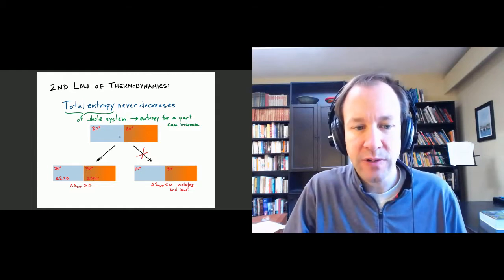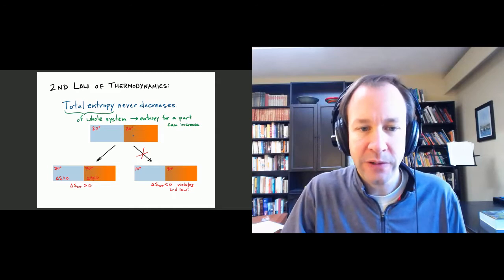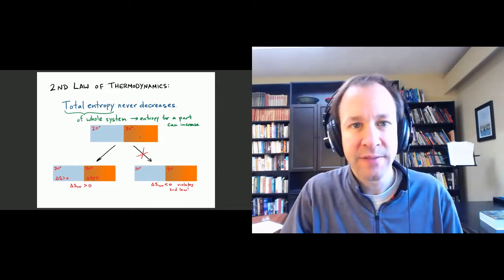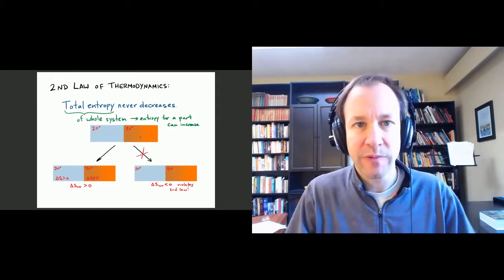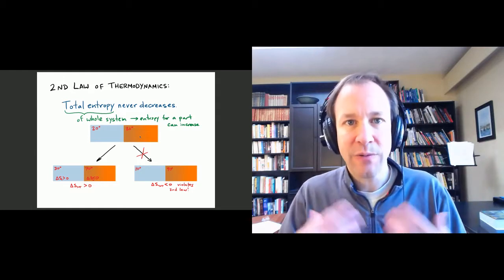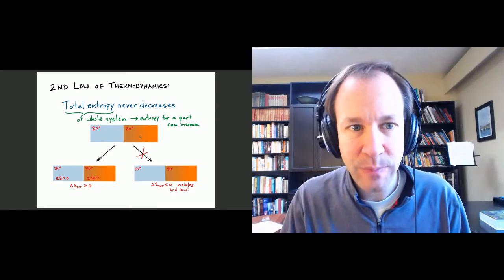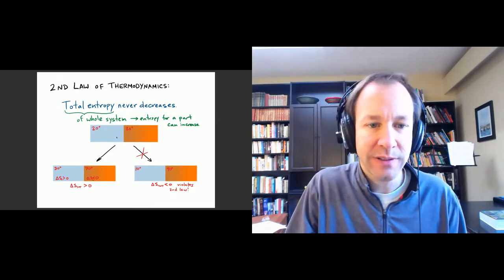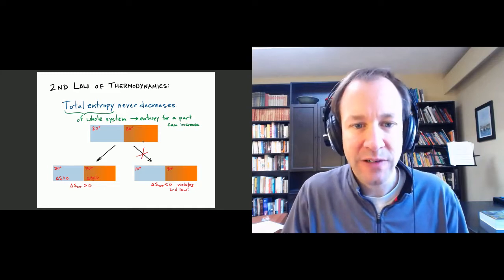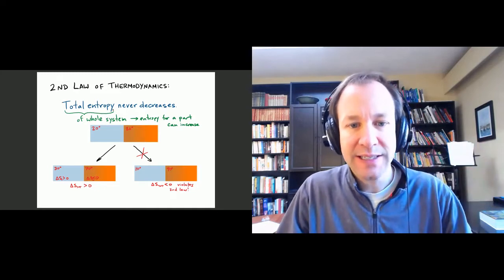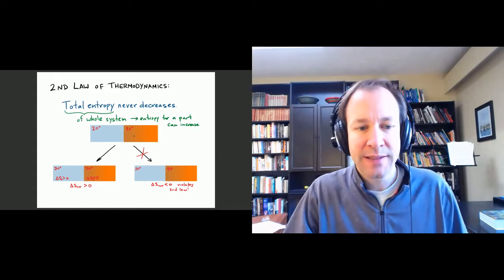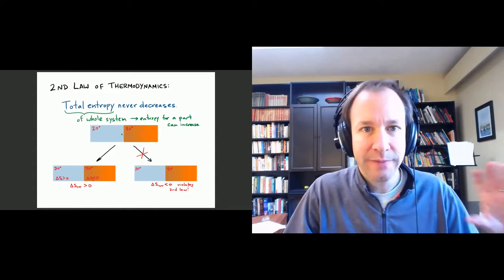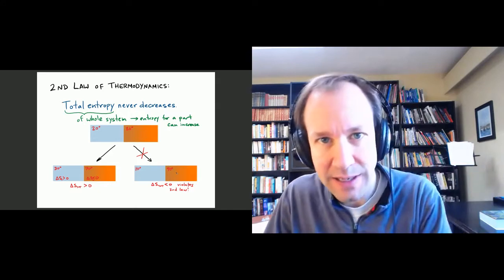So in this situation, if we have a flow of heat from the cold side to the hot side, using our previous formula, what we calculated last class was that would correspond to a decrease in entropy. Whereas if we have heat flowing from the hotter side to the colder side, that corresponds to an increase in entropy. So according to the second law of thermodynamics, that flow from hot to cold is allowed, and the flow from cold to hot is not allowed.